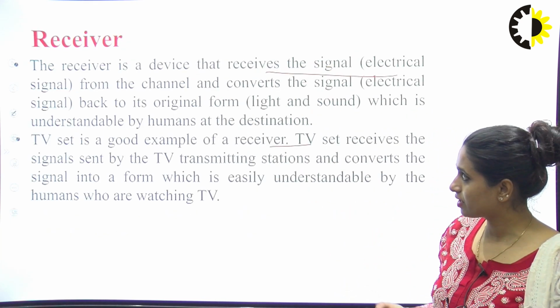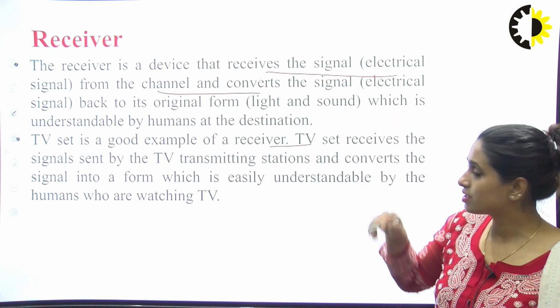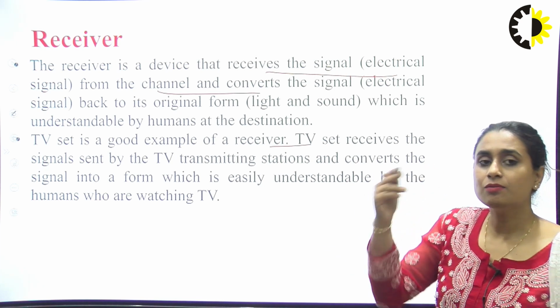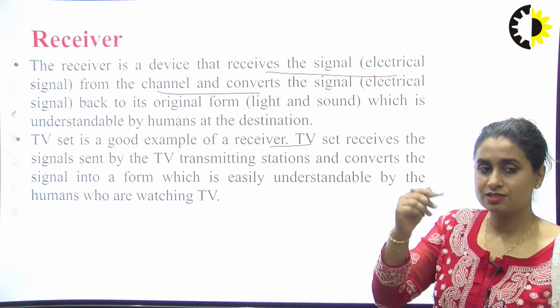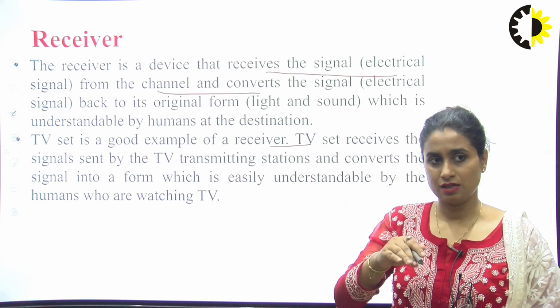Why are we studying it together? Because here we have seen that it converts the signal into original form. Original form means if modulation has occurred at the transmitter, demodulation will occur here. Low frequency was shifted to high frequency there, here high is again shifted to low.